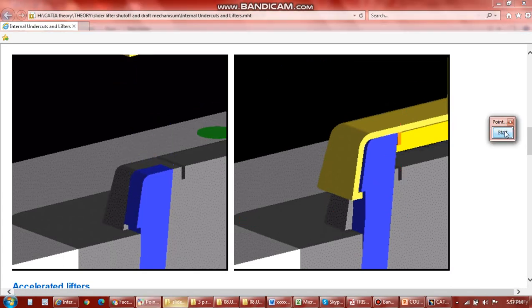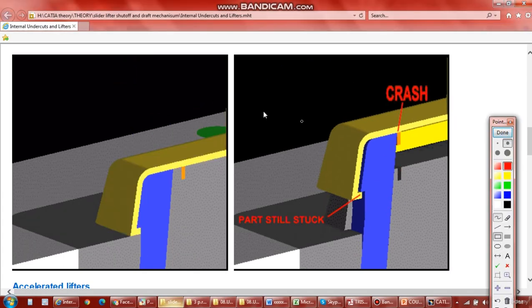So let me show you the lifter construction. A general lifter, and one pin will be there. You can consider this as my pin.